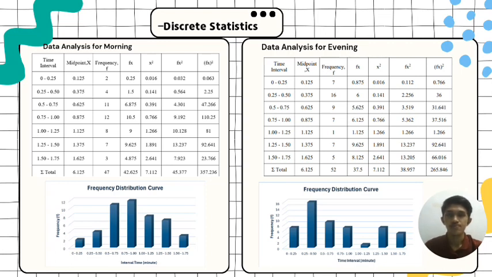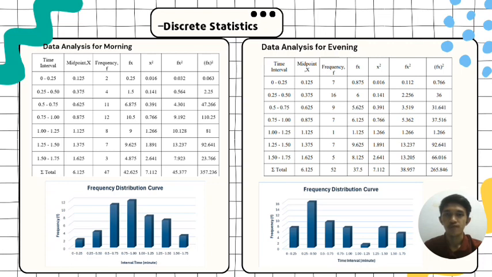For the first column, to get the fx value, we calculate 2 multiplied by 0.125. For x squared, we just square 0.125.